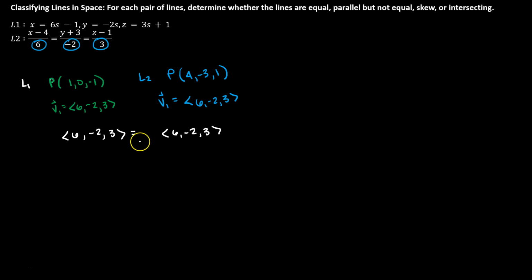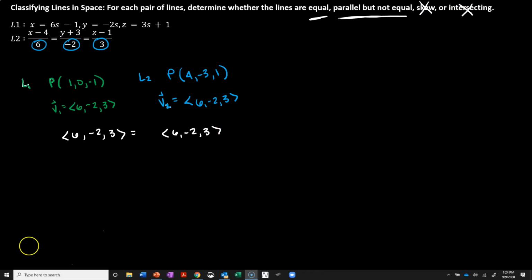So now we just need to check, are they parallel or are they equal? If they're equal, then they share common points. If they're parallel but not equal, then they do not share any common points. So we're looking at one of these two options. We know they're not skew or intersecting because the vectors v1 and v2 are parallel to each other.